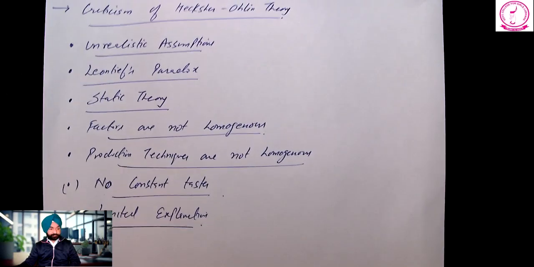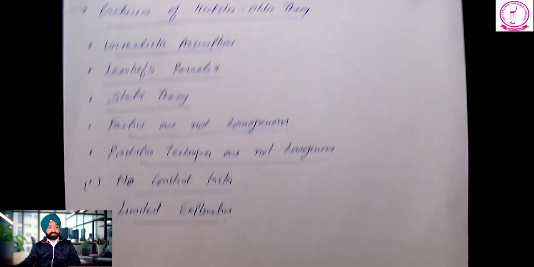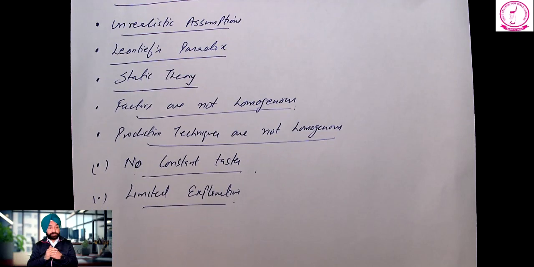But even then, besides these criticisms, this theory is known as a superior theory of international trade because it shows the real picture. It is a more realistic theory. That's why this theory has an edge over the classical, comparative theory.